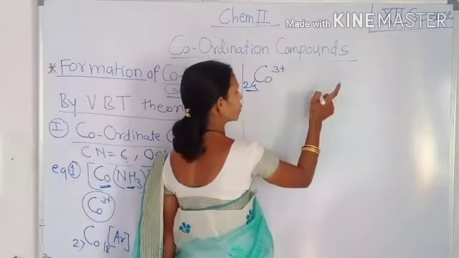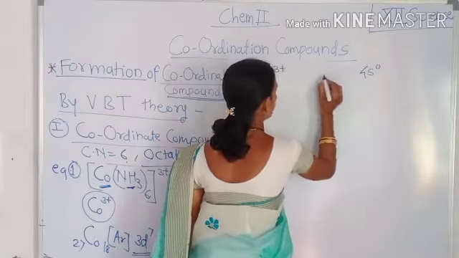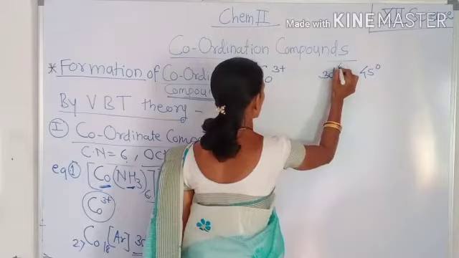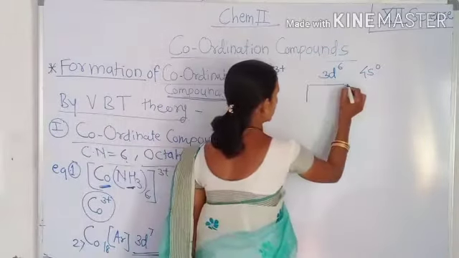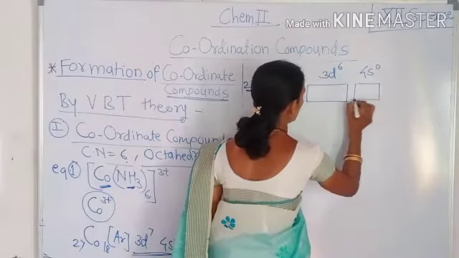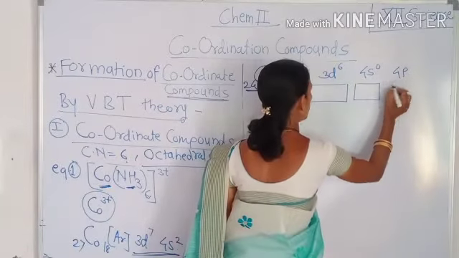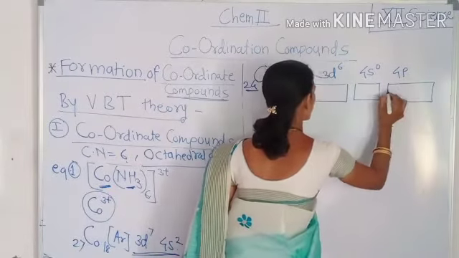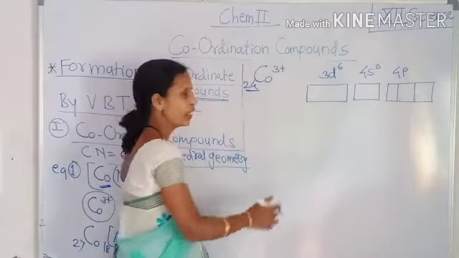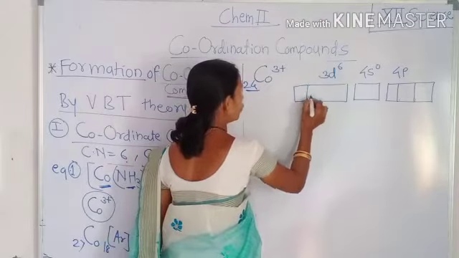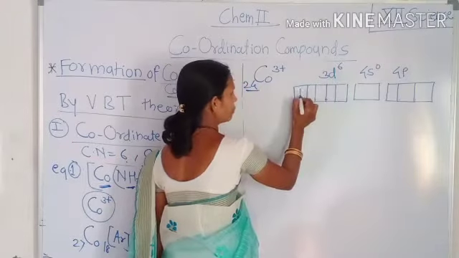Therefore, the valence electronic configuration for it is 4s0 3d6. Out of this, see here, the 4s orbital is vacant. As the 4s orbital is there, 4p orbitals are also there, which are empty, and the 3d orbitals in which 6 electrons are there.